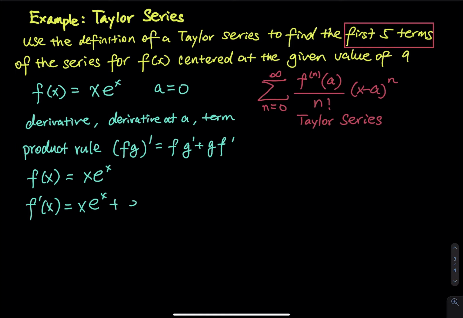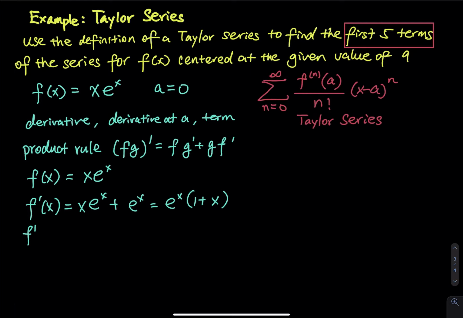And then g is e to the x, and the derivative of x is 1. So that's it. Then I would like to factor this a little bit: e to the x times (1 plus x). Factoring is very important. A little factoring or simplification helps you find the pattern.